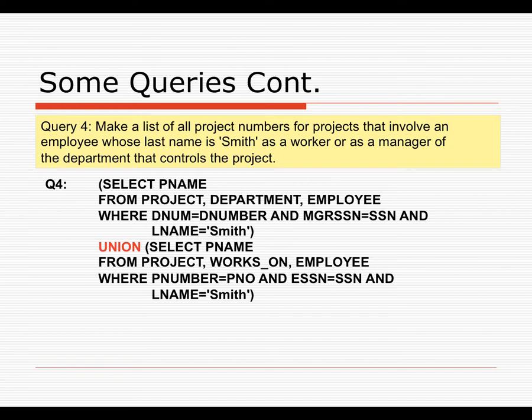So if I'm going from this perspective, I'm going to select a project name from both the project, department, and employee tables. Now, what I'm going to do is then do a union. So I'm looking at it from where the department number and manager numbers are equaling, and I'm unioning or adding this to another from statement and another where statement.